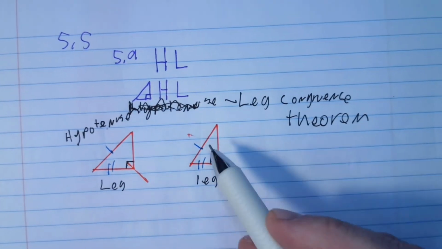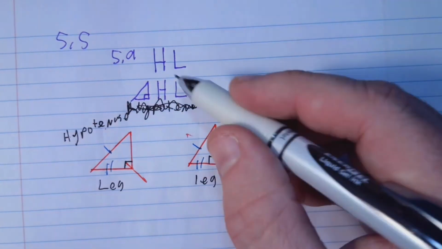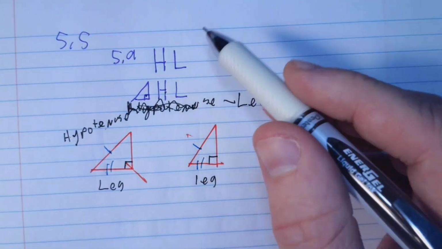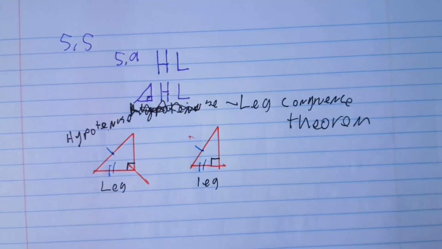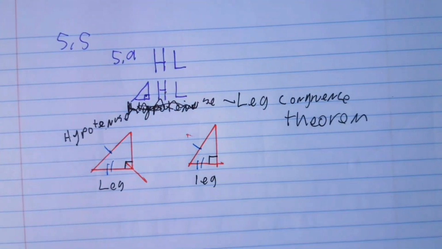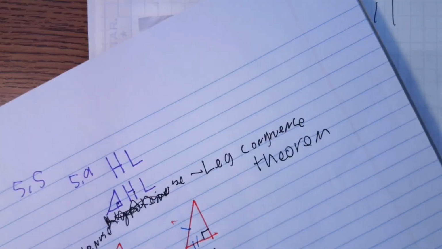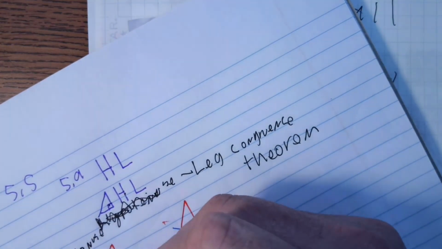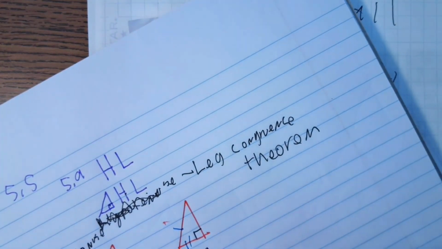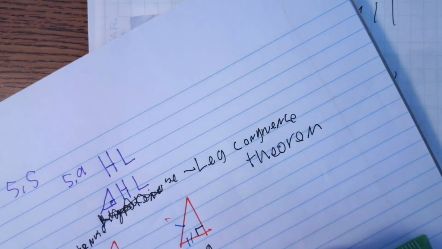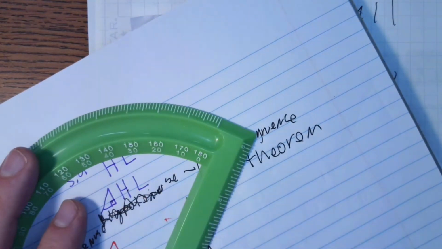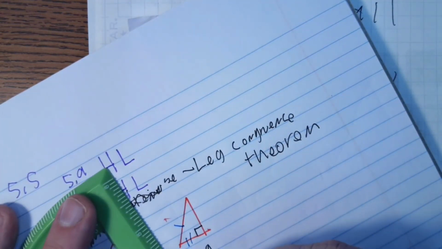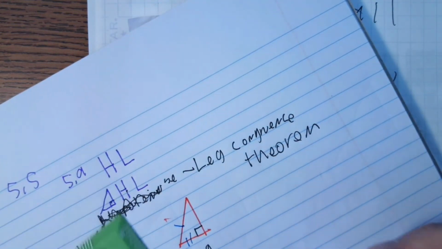So this is what it means. We need to prove three things. We need to prove it's a right angle. We need to prove its hypotenuses are equal and the legs are equal. Okay? And so I'm going to show you a proof real quickly right here, and we're going to get it done. Most of the time, we're going to have our triangles where they're all convoluted and touching each other.